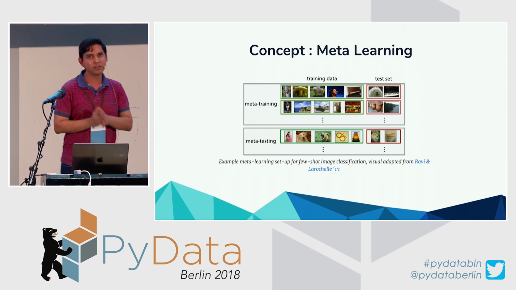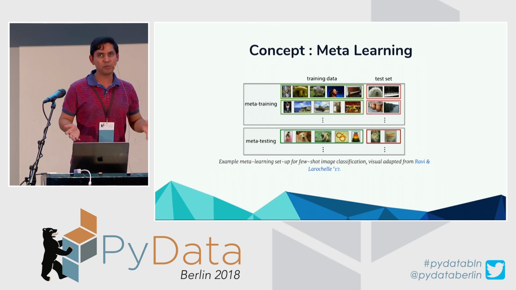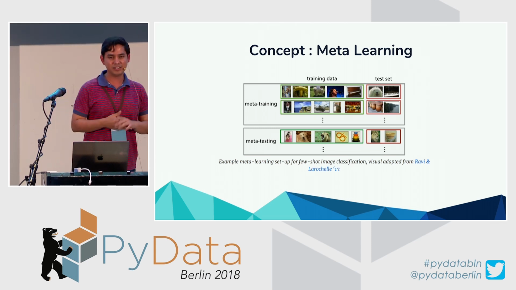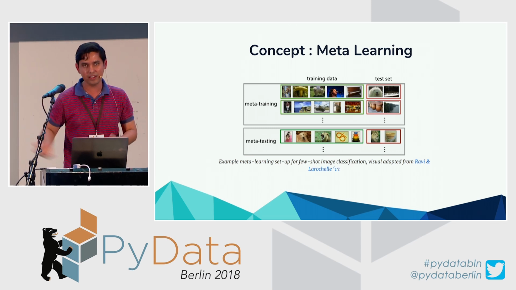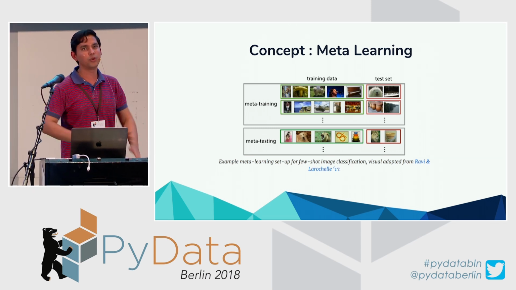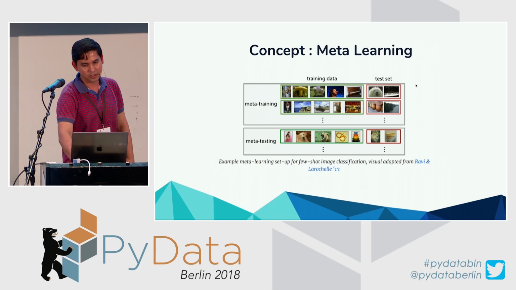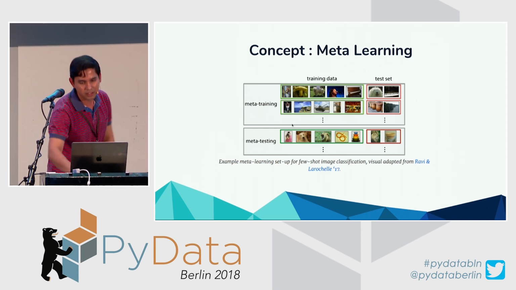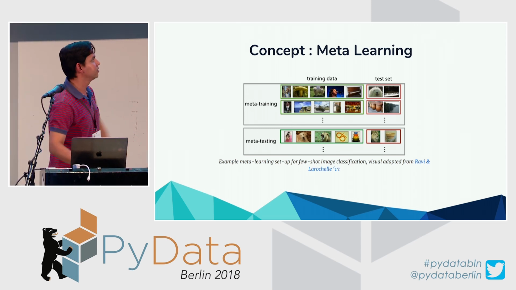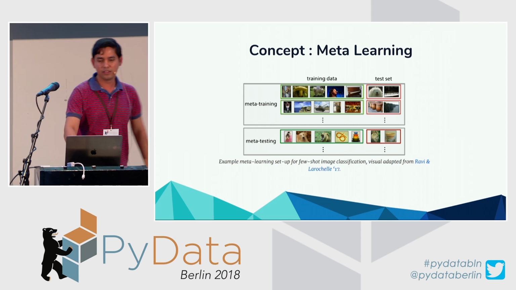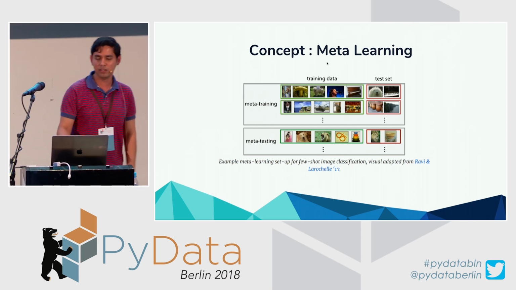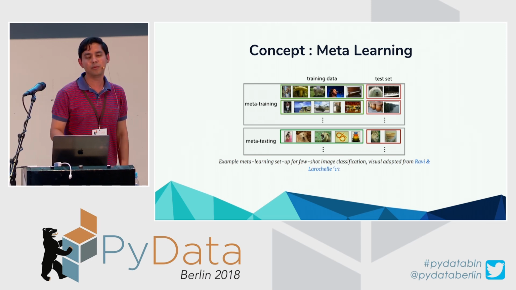Meta-learning is very different because you train on a certain number of classes, but in the meta-testing phase, there can be a totally different set of classes. So if you see here, there are some kinds of dogs, some kinds of mushrooms, but in the meta-testing phase, there are some cups, tigers as well. So the samples that the network sees during the testing phase don't need to be the same as in the training phase.